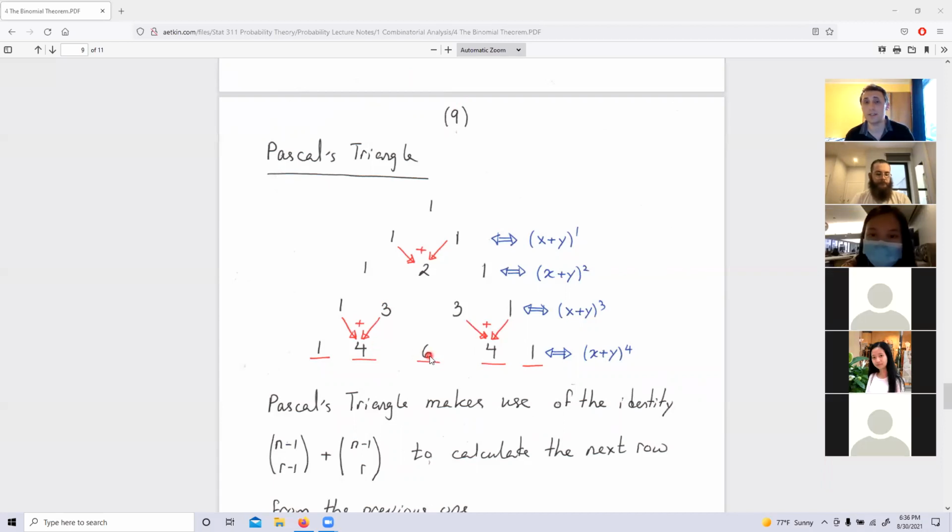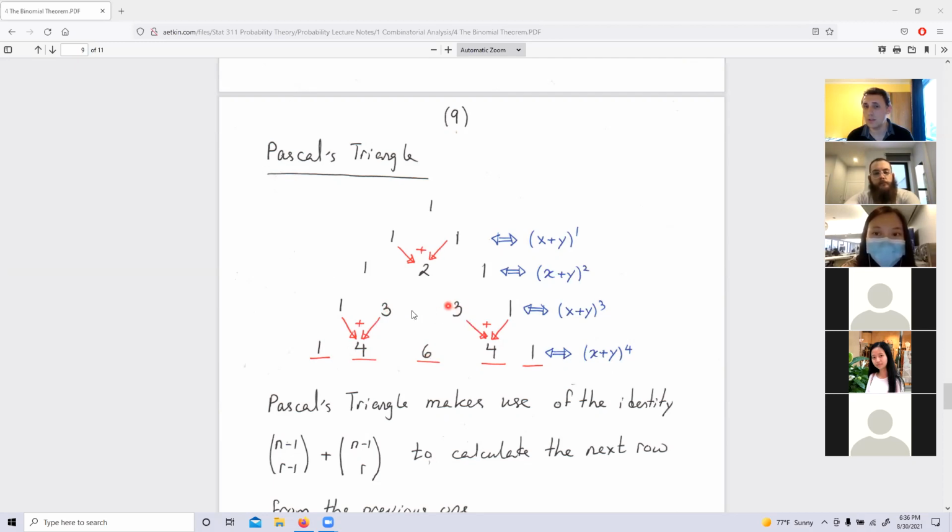For example, what is this 6, guys? This 6 that you see over here is supposed to be the coefficient next to x squared y squared. Now, the expansion is to the power 4, so it's 4 choose 2. 4 choose 2 is the same as 3 choose 1 plus 3 choose 2. 3 choose 1 is 3 and 3 choose 2 is also 3.